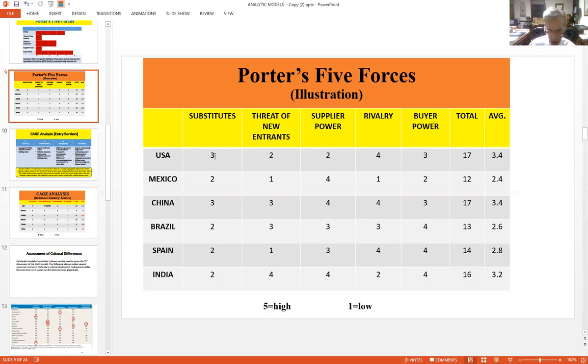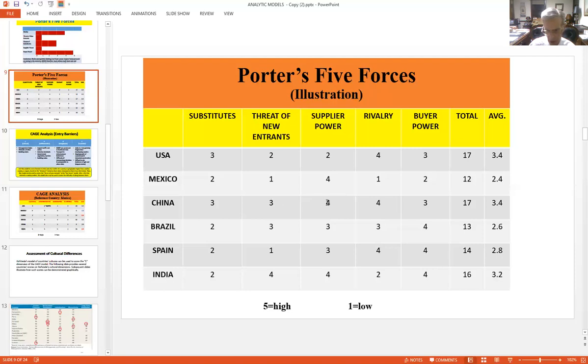So the substitutes are not much of a problem in Mexico or anywhere else for that matter. I'm looking to find an easy one. The threat of new entrants is good. The threats of new entrants were highest in India and Brazil and China, so they would have added to the pressure on profit potential.